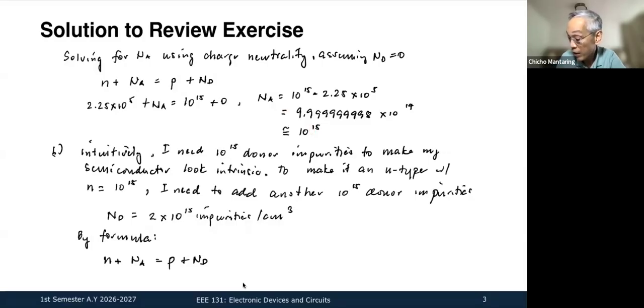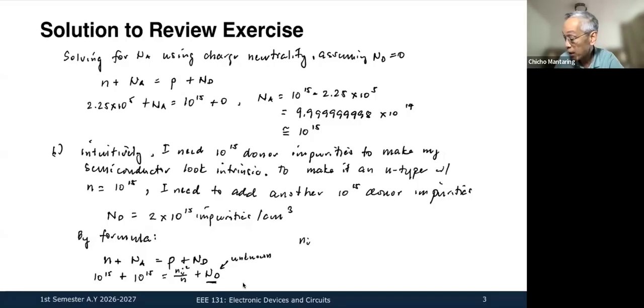By the way, yung N natin is 10 to the 15. So this is 10 to the 15. Ang NA natin is also 10 to the 15. Ang P natin, well, we haven't computed for P. Magbabago yung P when we dope this now with donor impurities. But you can get P. P is just Ni squared over N, by mass action law, plus ND. Ito yung unknown natin, ND, unknown.